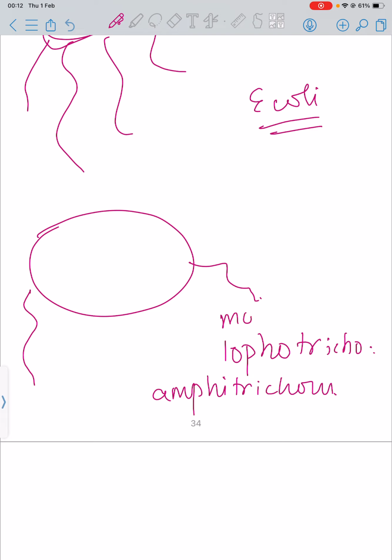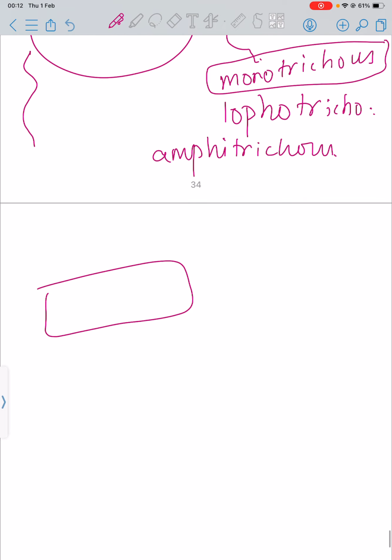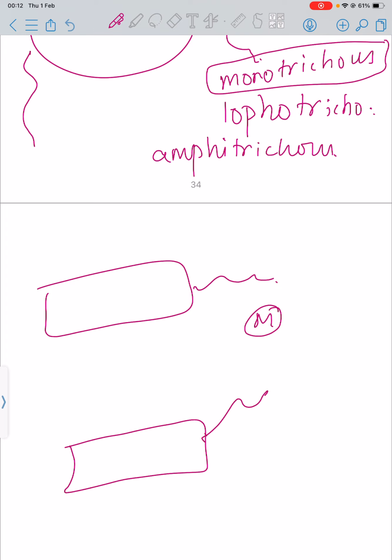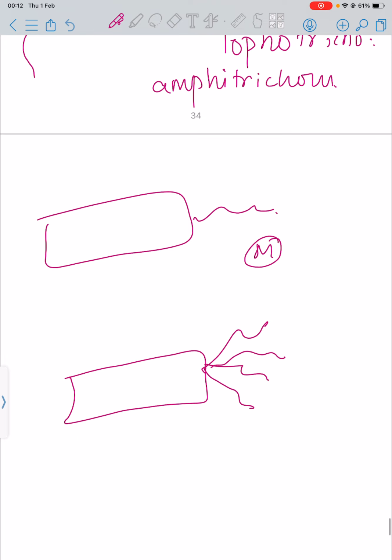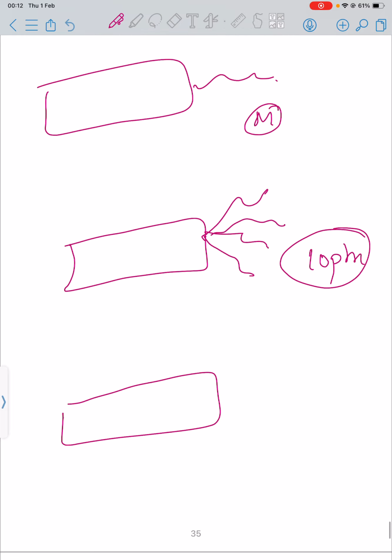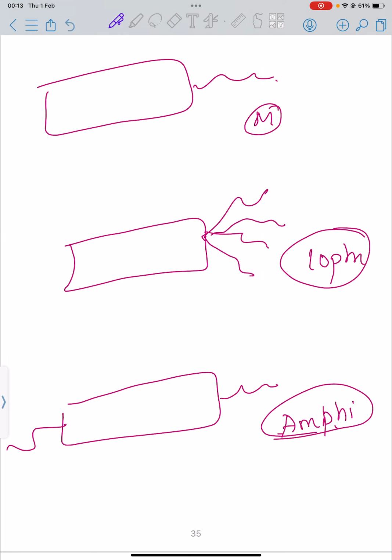And monotrichous. The one having just one flagellum is monotrichous. Having a tuft of flagella at one end is lophotrichous. And having one at each end is amphitrichous. Amphi means both. A very famous example of monotrichous is Vibrio cholerae.